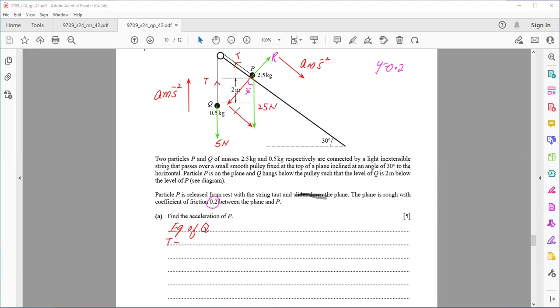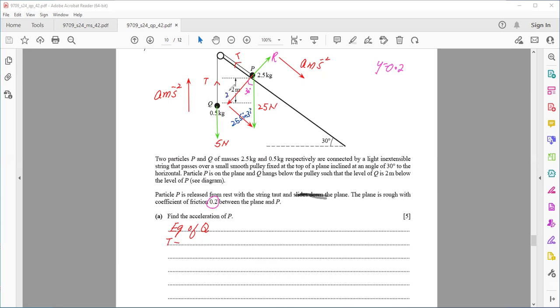So I will make the components over here, with the help of, suppose, blue color. This component, the angle opposite, becomes 25 sin of 30 degrees, if I'm not wrong.